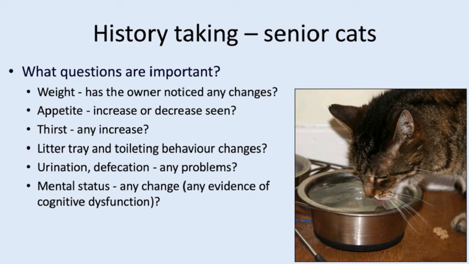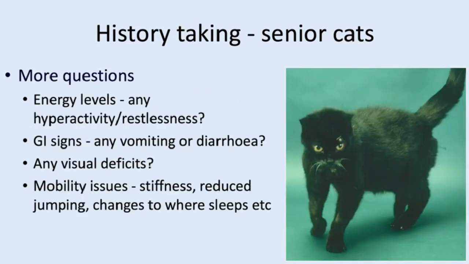And the other main area that is, I think, really important to bring up at that older cat consultation is mobility, the cat's ability to move around, and whether they are showing any signs of mobility problems.